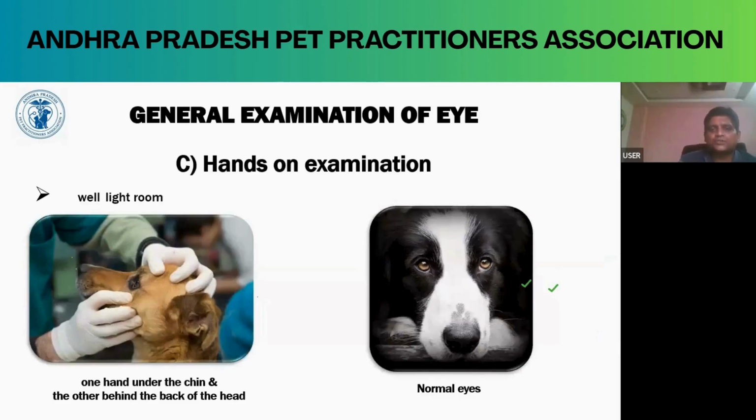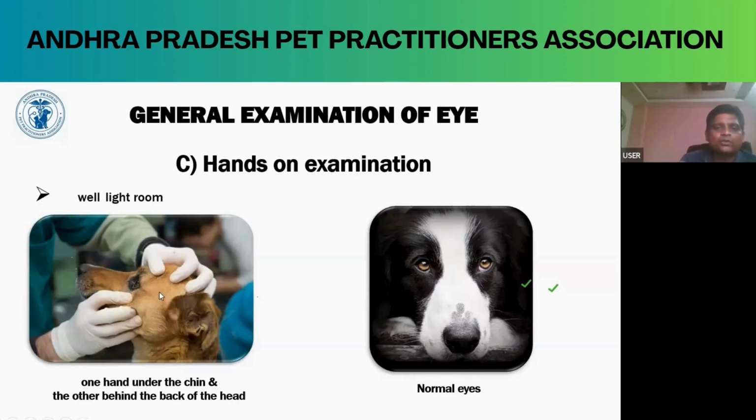Generally in the hands-on examination, we have to test the animal and examine the entire eye. It should be done in a well-lit area. To restrain the pet, one hand should be under the chin, as you can appreciate here, and the other hand should be behind the back of the head.